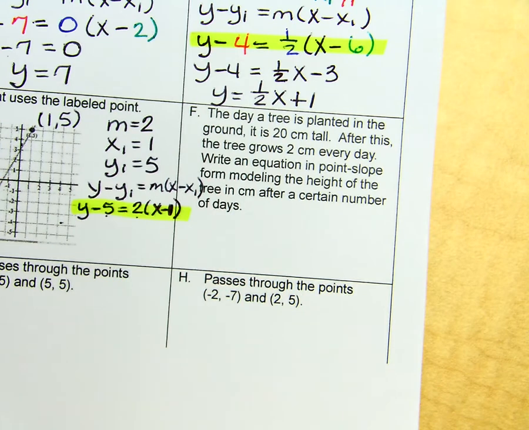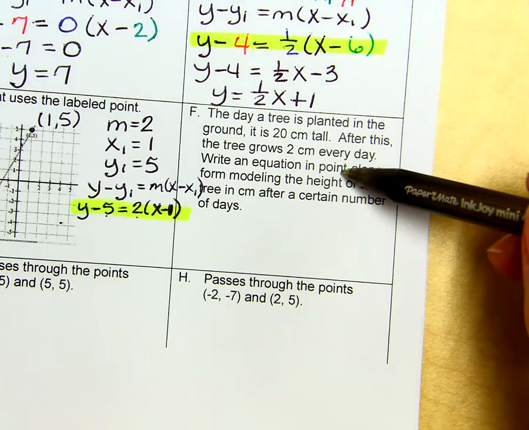F. The day a tree is planted in the ground, it is 20 centimeters tall. This is our beginning height, so that will be our y-intercept. Excuse me. After this, the tree grows 2 centimeters every day.